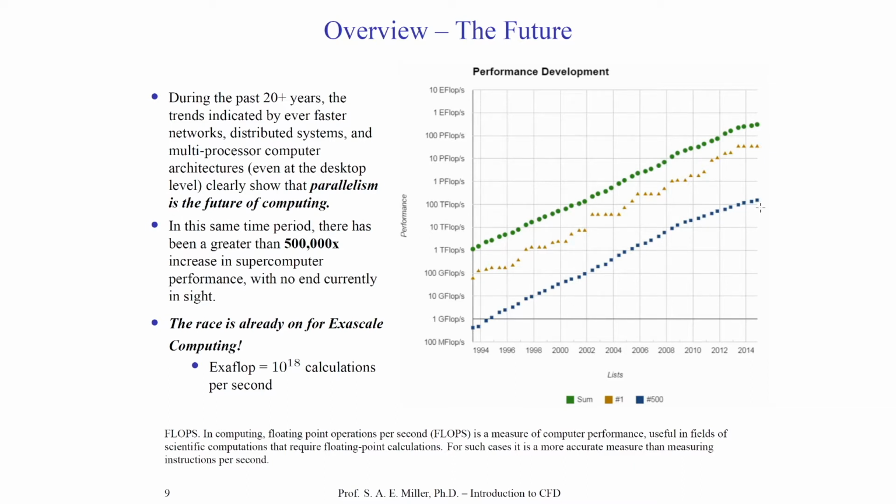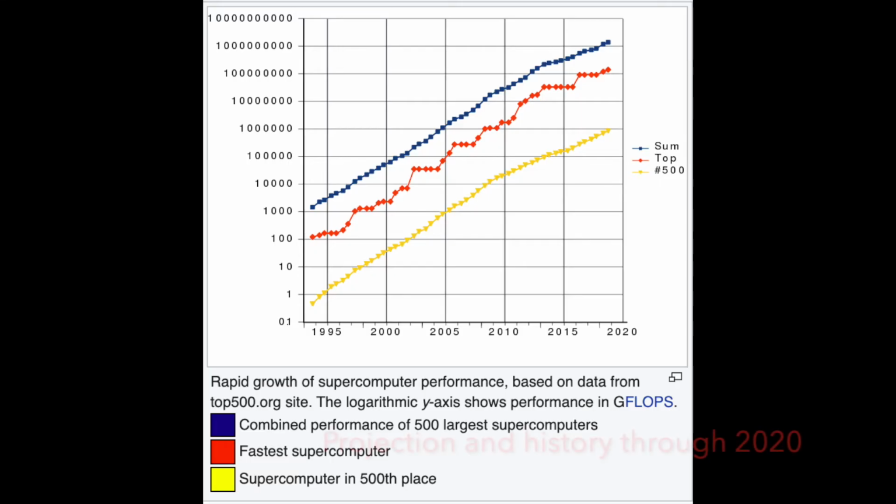So between the 500th fastest supercomputer and the fastest supercomputer are 2 decades of consistent performance increase. Now, the race is on today, of course, for exaflop calculations, which means that the whole computer, running simultaneously and using all its CPUs and power, will go at about 10 to the 18th floating point operations per second. That's amazing.